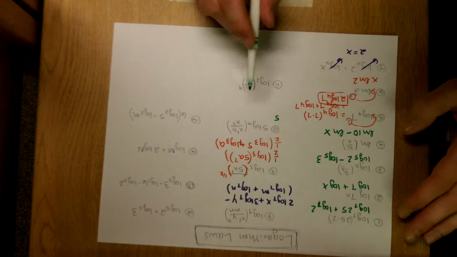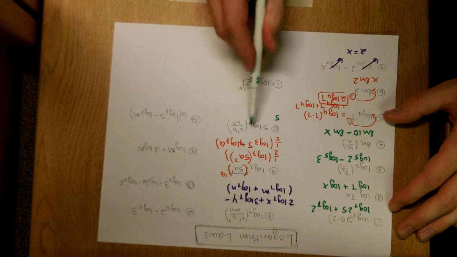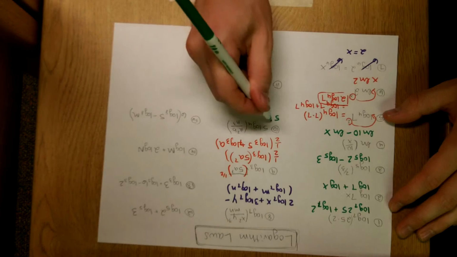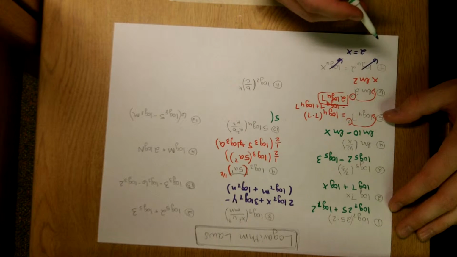Okay, we're back. So we have log base 4 of this guy. So we have multiplication going on. So that 5's on the outside. I'm going to keep it there.